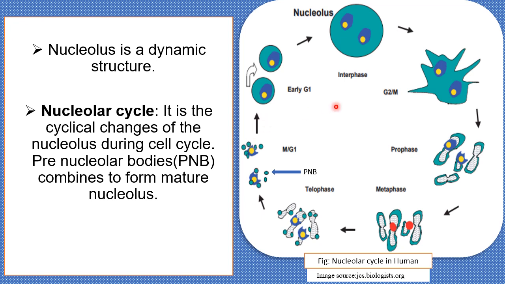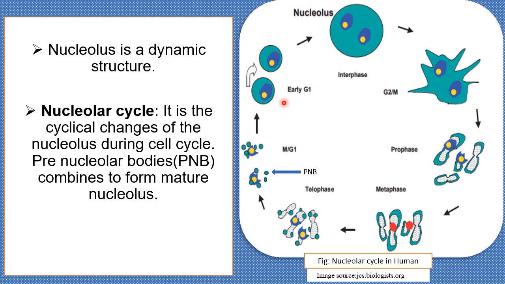As we can see in this diagram, the assembly and disassembly of the nucleolus is shown. During interphase, the nucleolus is fully organized, and we can see it in this diagram. After that, when it enters the prophase of the next cell cycle, it undergoes disassembly. Again, reassembly occurs towards the late telophase and early G1.